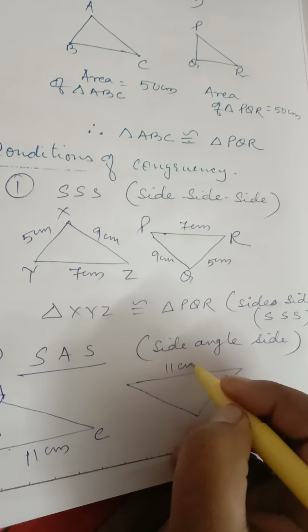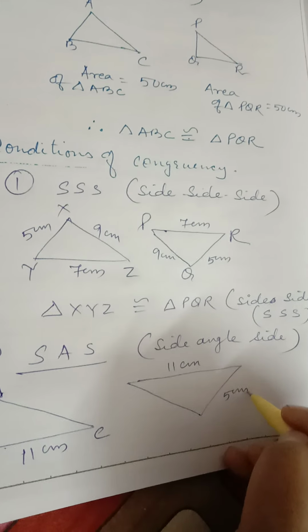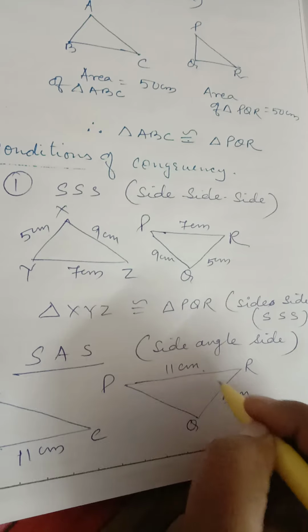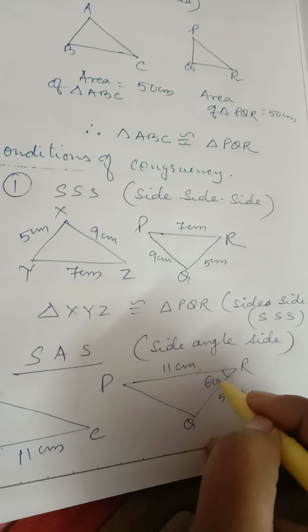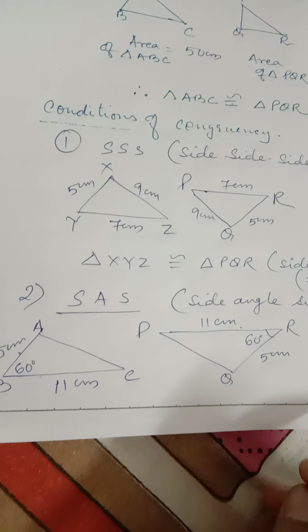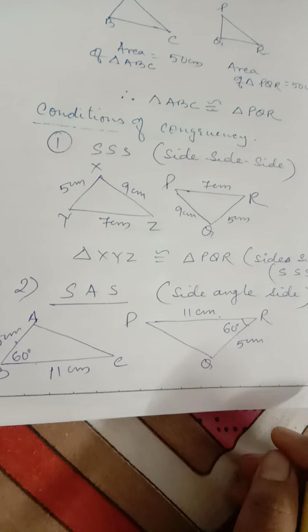Now here this is 11 centimeter, this is 5 centimeter, PQR, and the angle included between these two sides is 60 degree. In this case, the triangles are said to be congruent according to SAS condition.